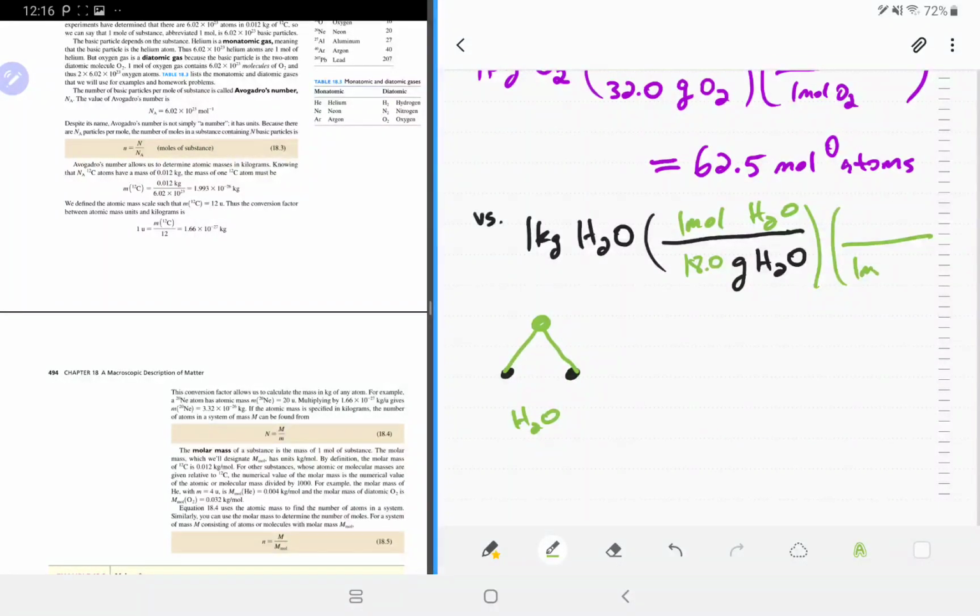And then for 1 mole of H2O, there are 3 atoms. And now I'm not writing oxygen or hydrogen because it's including both of them separately. So 1,000 times 3 over 18 looks like it's 167.